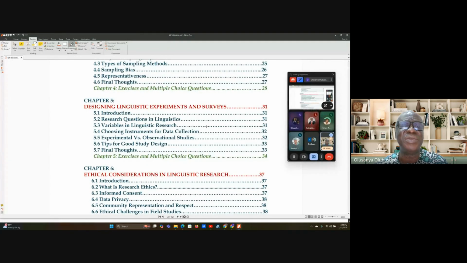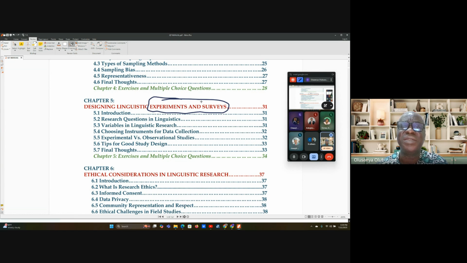And that will take us to the next level, which is to look at how we design linguistic experiments and surveys. Our data will most likely come from these two areas, either from experiments or from surveys. Experiments are studies that will control the environment, and you can manipulate the process.